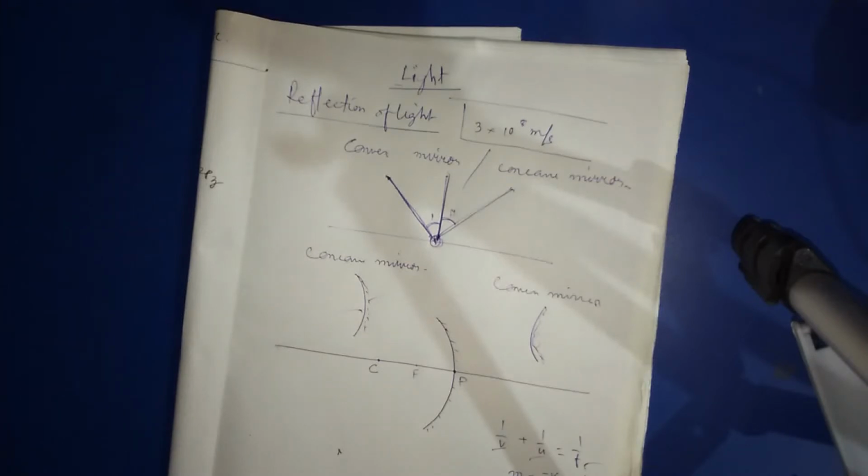The first one: what is light? Light is a form of energy that travels in a straight line or along a straight path. The speed of light is 3 x 10^8 meters per second. Light helps us to see.